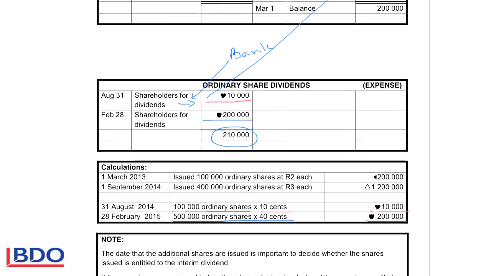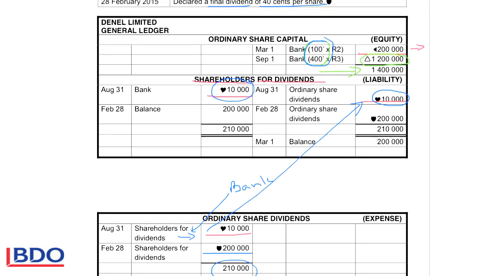Who do we owe the money to? To the shareholders. So I will credit shareholders for dividends with 200,000 to show that the total amount outstanding at the end of the year was 200,000. The total amount that had to be paid to shareholders for the year is 210,000.